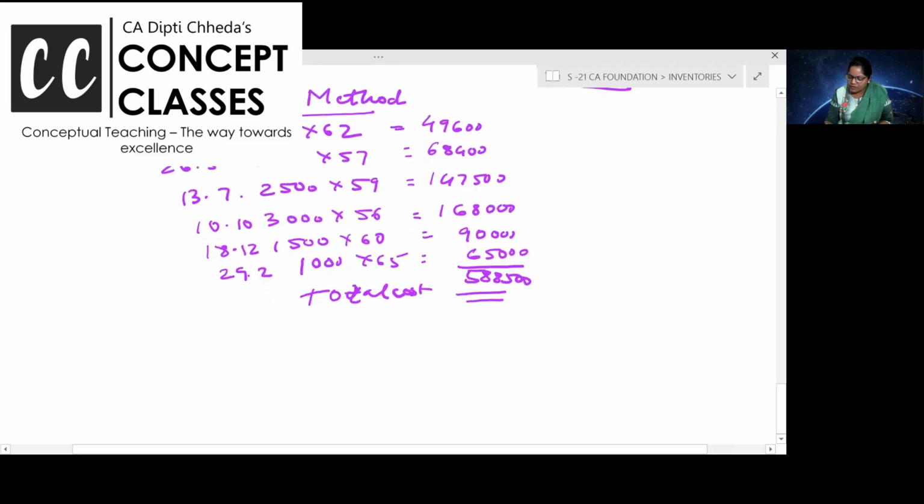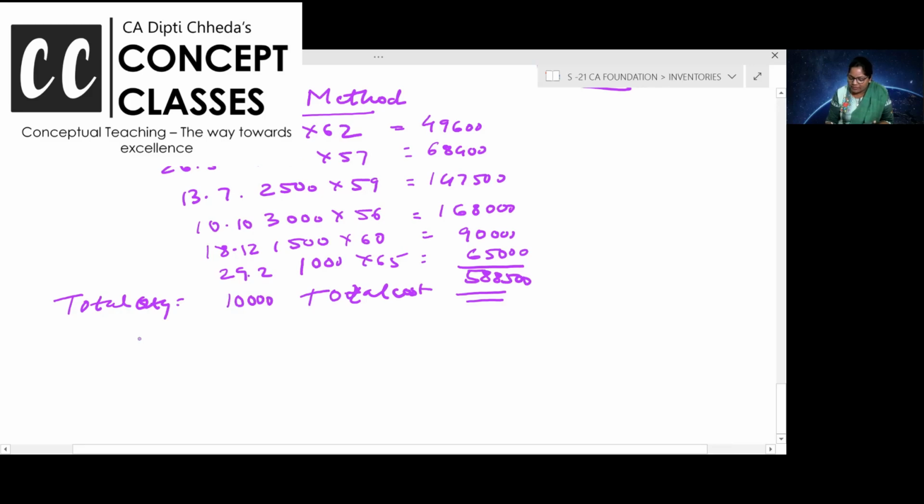And total of quantity also we can do here. Total quantity, it's there. 800 plus 1200 plus 2500 plus 3000 plus 1500 and 1000. So that is 10,000.